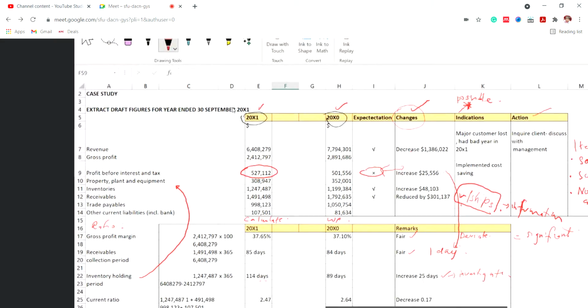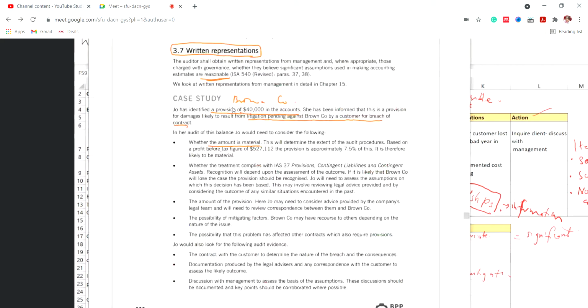If it is more than 5%, it is considered material. So you compare the provision of 40,000 divided by 527,112, and you will get approximately 7.5%.